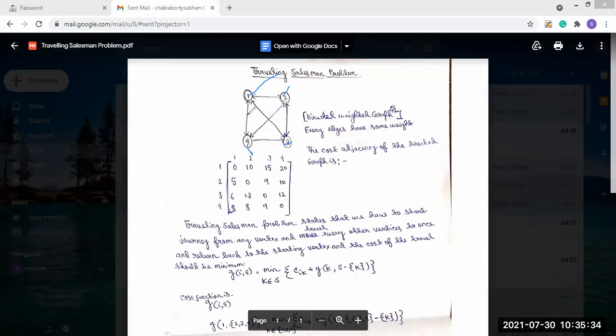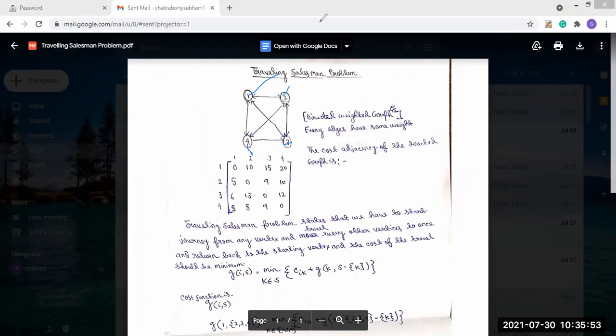For 1 to 4 and from 4 to 1, the direction is given. From 2 to 3 and 3 to 2, the direction is given. And from 4 to 3, from 2 to 4, and from 4 to 2, the direction is also given.